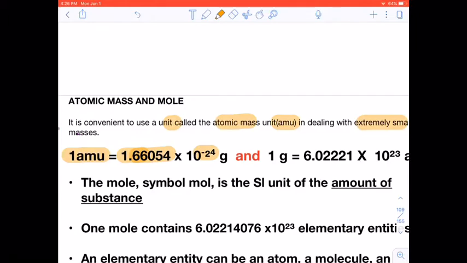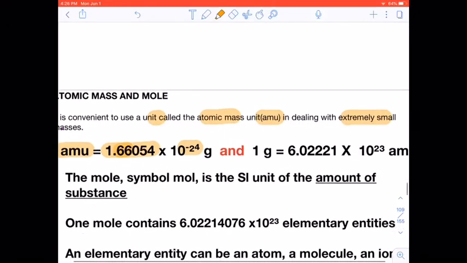But when we say atomic mass unit, you need to know that one atomic mass unit is equal to 1.66054 times 10 to the minus 24 grams, which we will approximate and say it's 1.66 times 10 to the minus 24 grams.